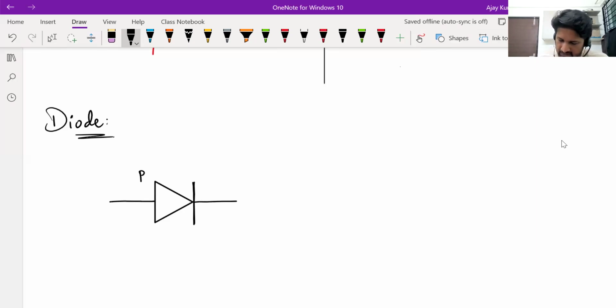Triangle side is the P side, straight line side is the N side, and the triangle looks like an arrow, which in fact tells you the direction in which it can allow current. Okay. See, if the diode is biased properly, if the PN junction is biased properly, it can allow current from P to N. Okay. In reverse bias, it does not allow current from N to P. So there's only one direction in which it allows current, and that's from P to N, that is indicated by the arrow. Okay.